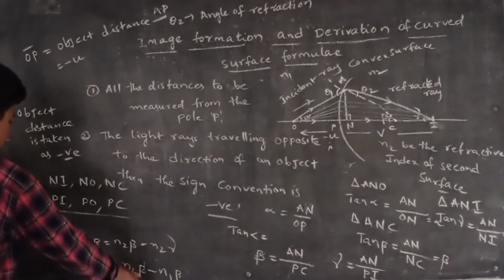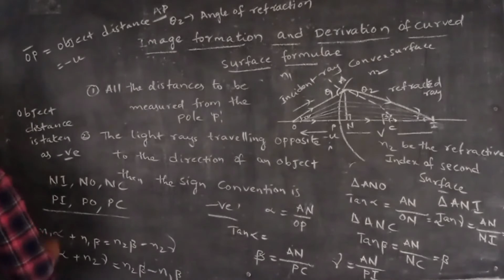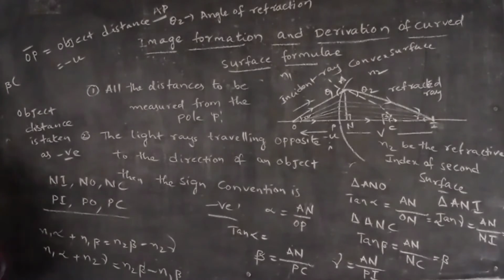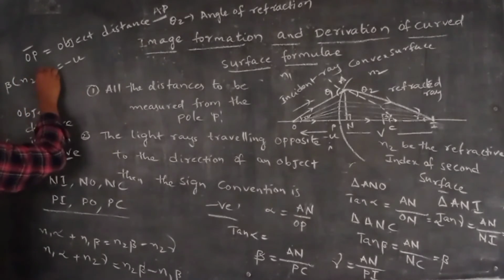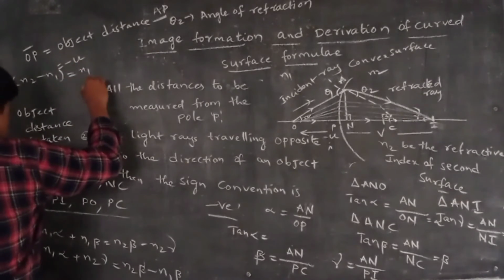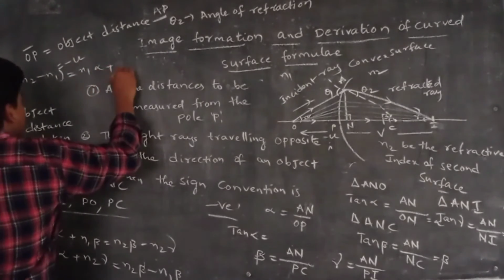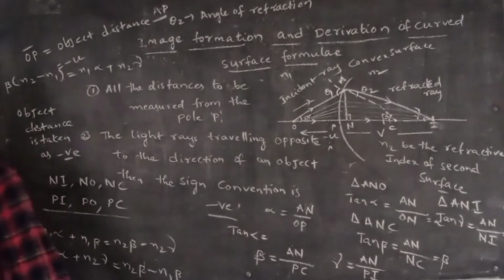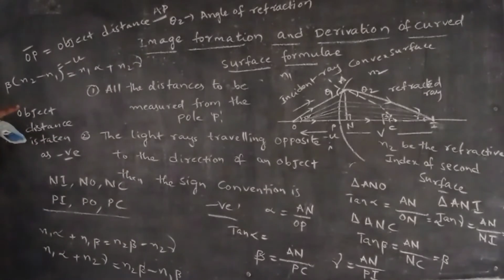From this we take beta common. Then (n2 minus n1) times beta is equal to n1 alpha plus n2 gamma.